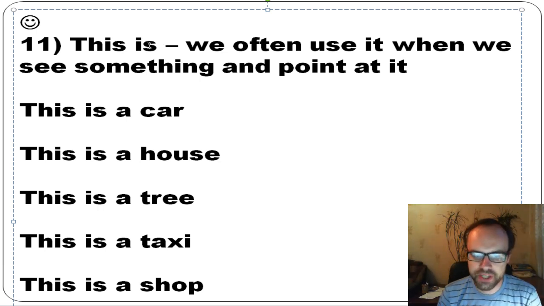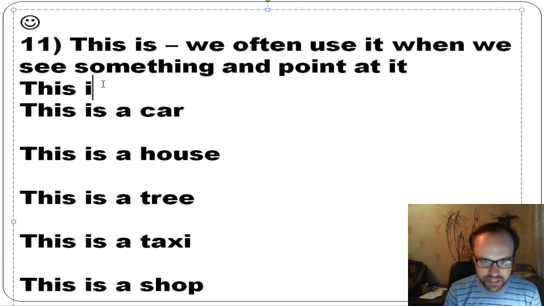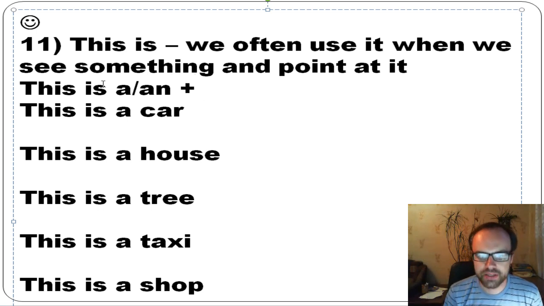So, for example, you see a car, you point at it and you say, this is a car. So this is a, or this is an, plus noun, okay?